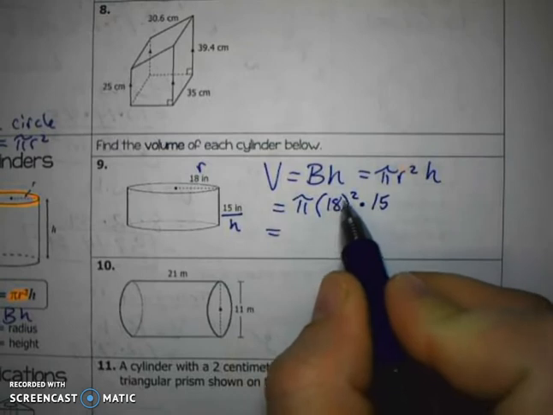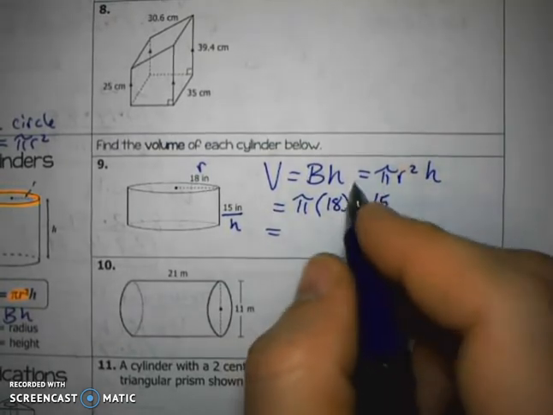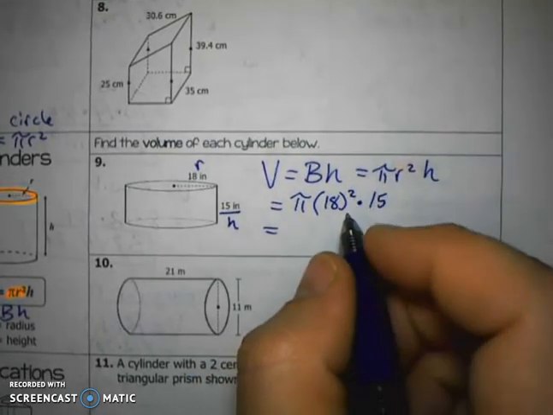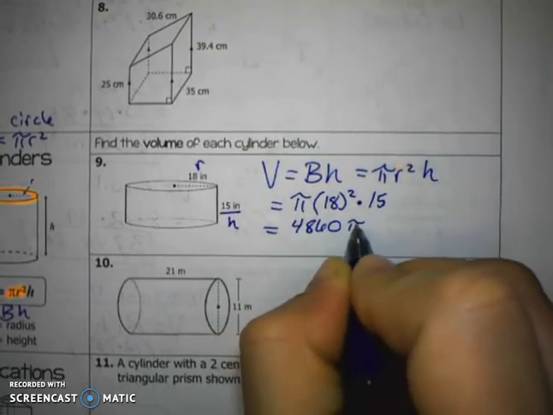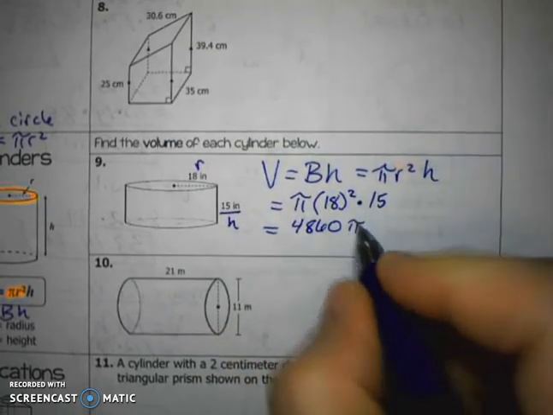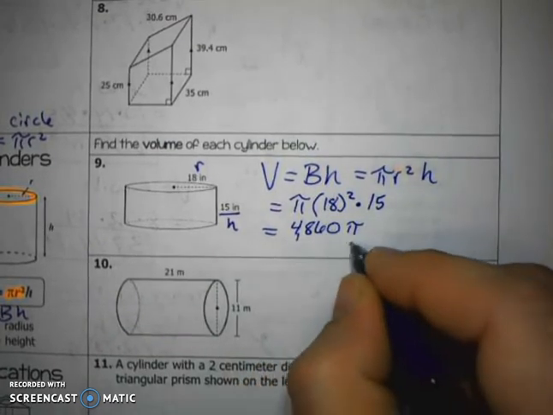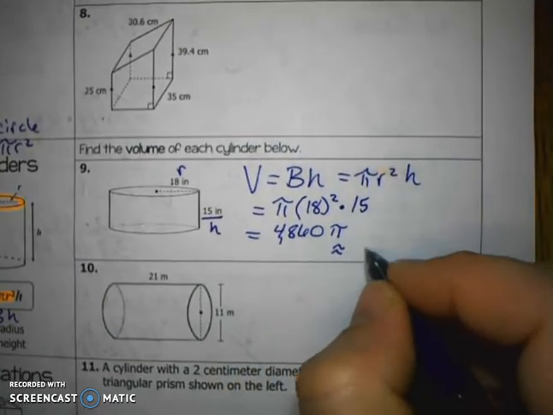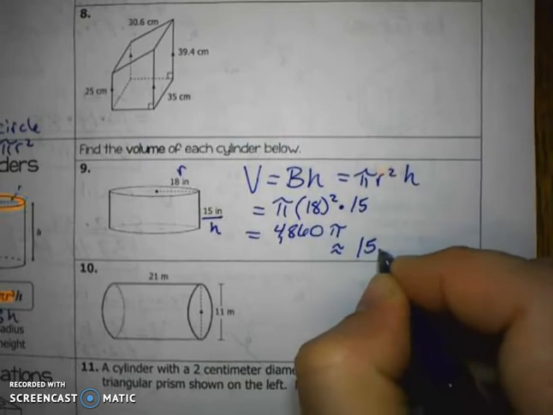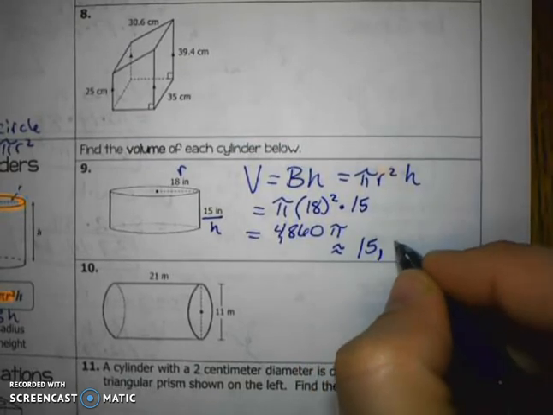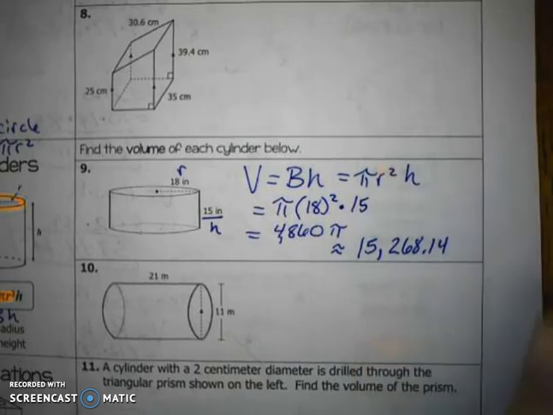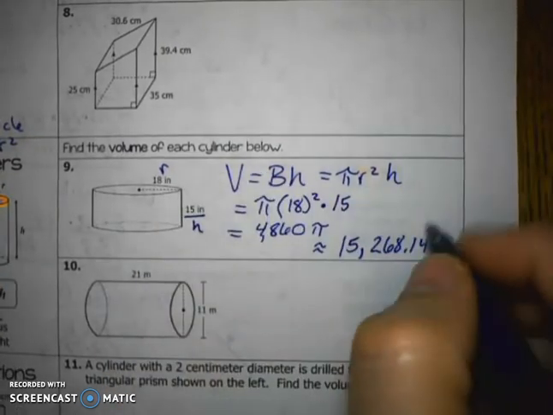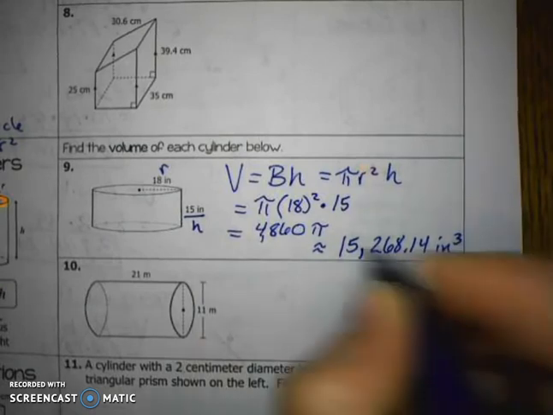Okay, when I do 18 squared times 15, that part of the answer is 4,860, but then I still have to multiply by pi. And so when you multiply 4,860 by pi, we get approximately 15,268.14, and the unit of measure is inches, so this is cubic inches for our volume.